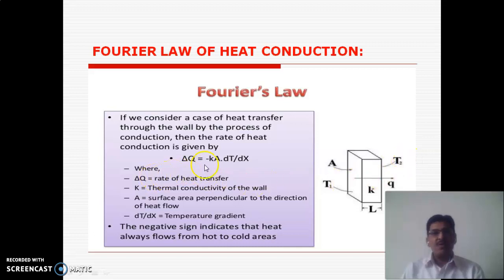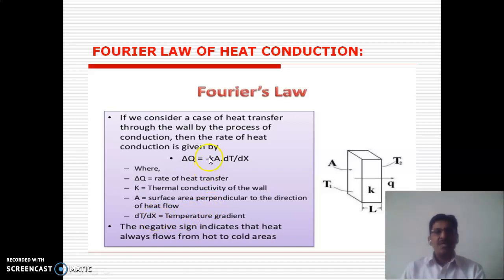Here dQ is the rate of heat transfer, K is the thermal conductivity of the wall, A is the surface area perpendicular to the direction of heat flow, and dT by dx is the temperature gradient.